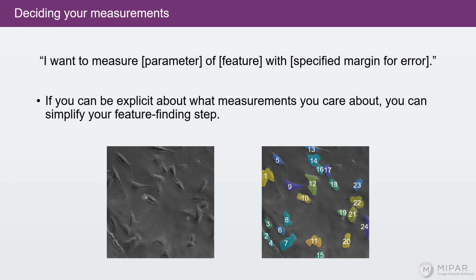And if you know what your margin of error is, then perhaps you can take a little bit of imprecision. So maybe it's not that big a deal if these potentially 3 cells are all labeled as 1, if on the whole you've got an accurate estimate of the number of cells in this image.